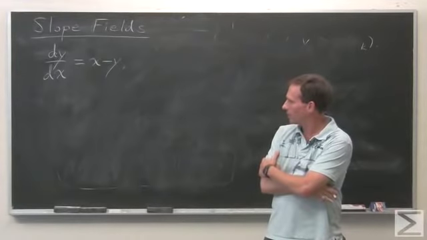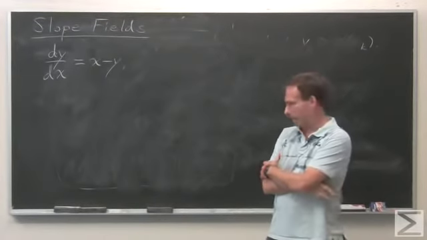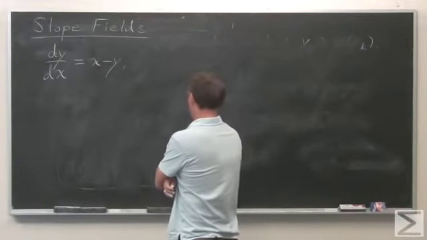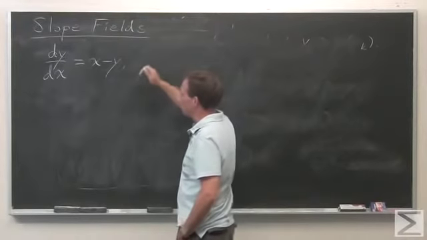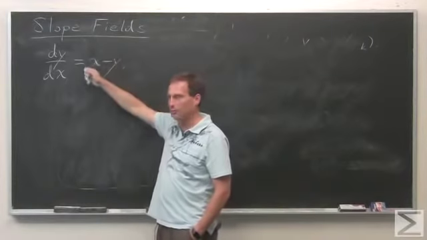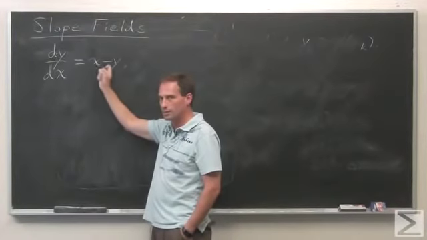And you may be thinking, sure, yeah, right. What do you do? Well, one thing you can do, and what slope fields are, is this: any solution to the differential equation satisfies this.